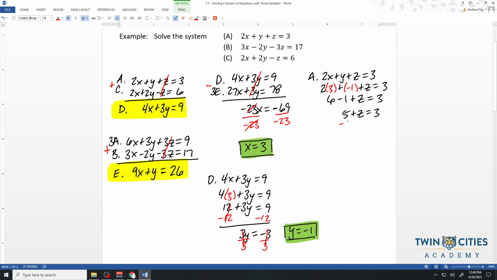And then subtracting 5 from both sides, z is equal to 3 minus 5, which is negative 2.